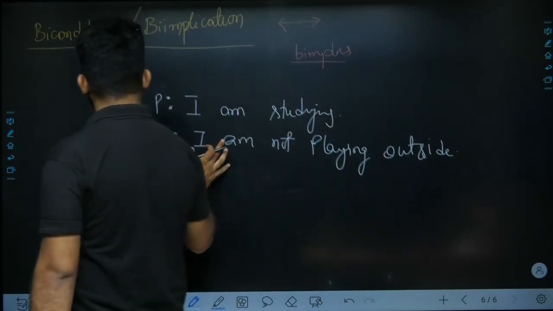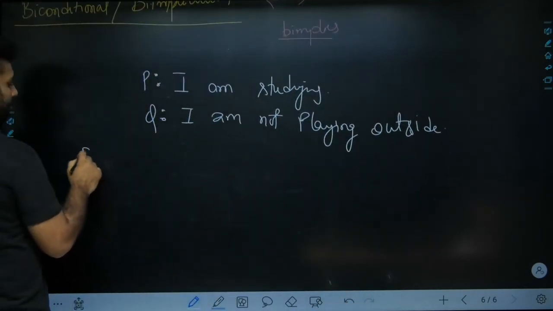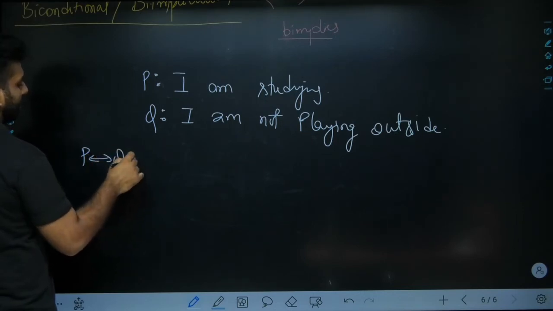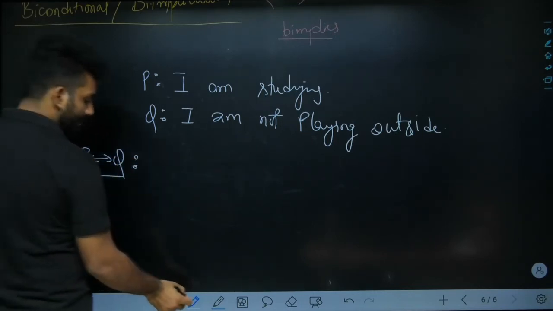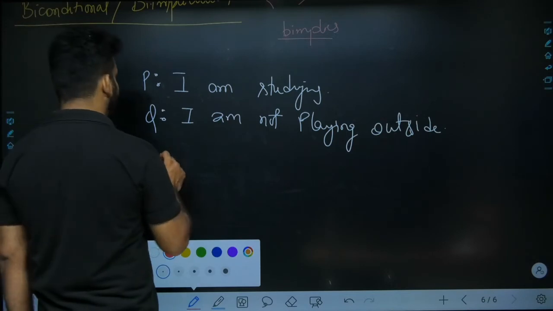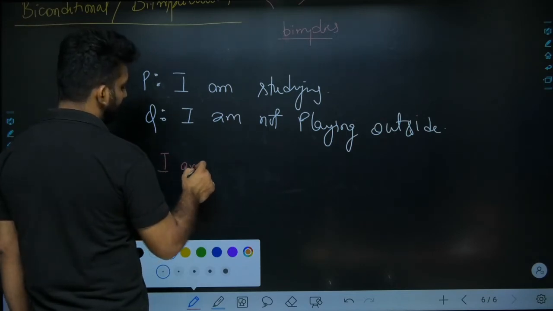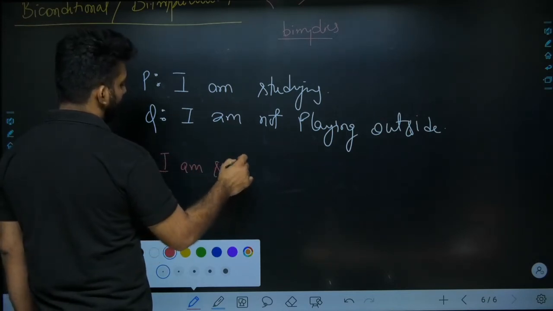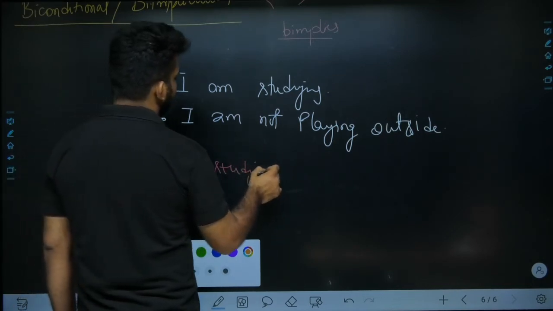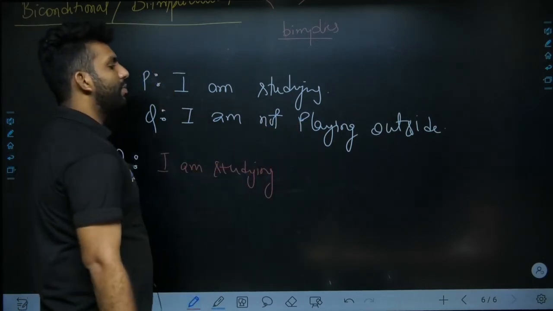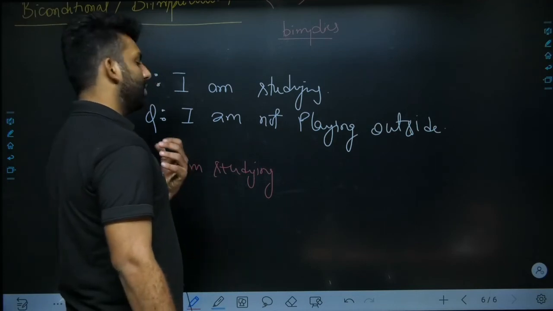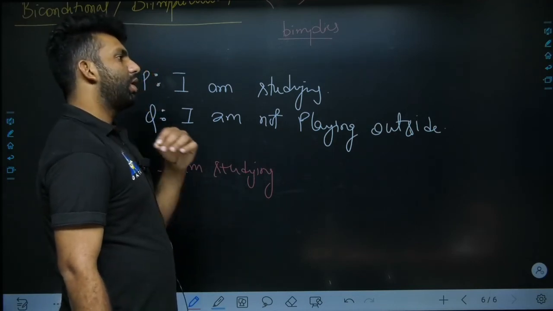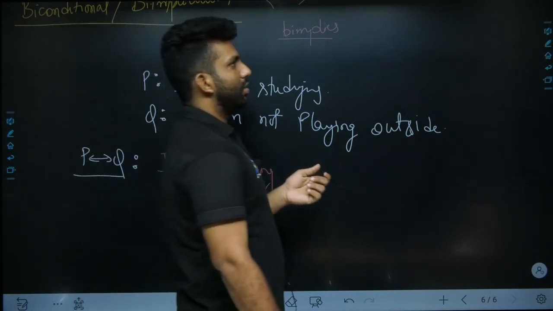If I write P bi-implies Q, what does it mean? It means I am studying bi-implies I am not playing outside.